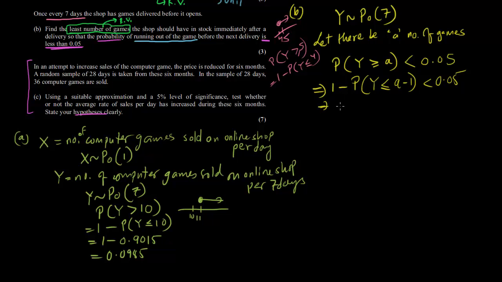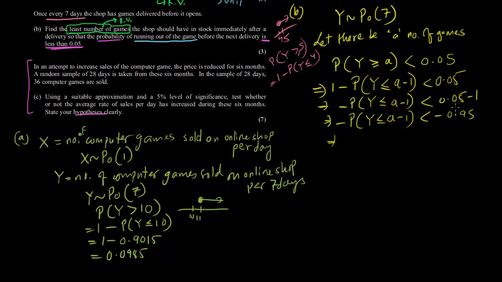So let's simplify this. That would be minus the probability of Y is less than or equal to a minus 1, and that would be 0.05. This 1 would go to the other side. So 0.05 minus 1, and that would be minus the probability of Y is less than or equal to a minus 1, and this would be minus 0.95.